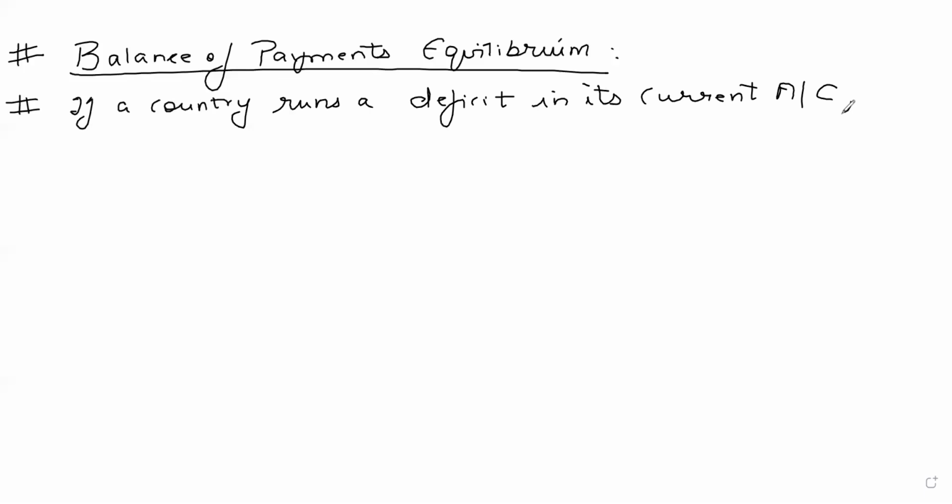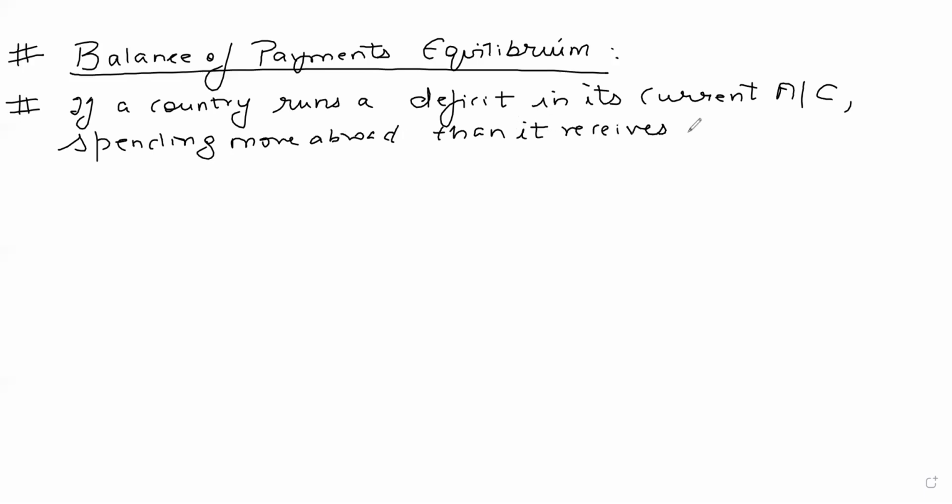So that means if a country runs a deficit in its current account, it is spending more abroad than it receives from sales to the rest of the world. ROW means the rest of the world.